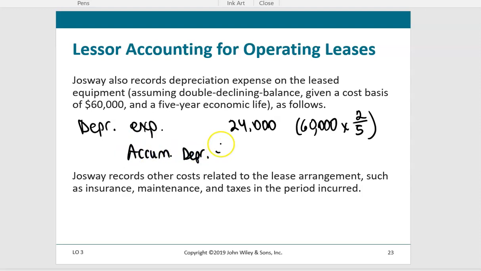This is just a regular depreciation expense entry from the lessor's perspective. The point is that the lessor does not take this asset off the books. And then last point, Josway, the lessor, records any other costs related to the lease arrangement, insurance, maintenance, and taxes, as an expense when it's incurred. And this concludes our final video of the semester.